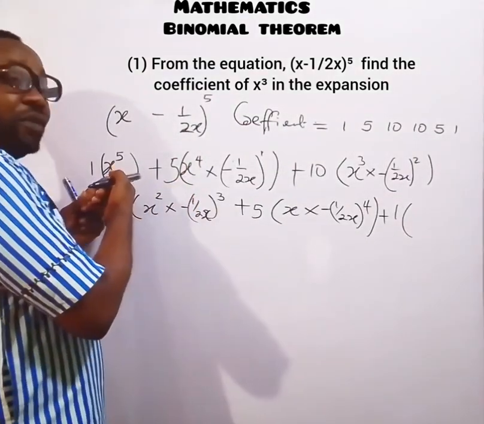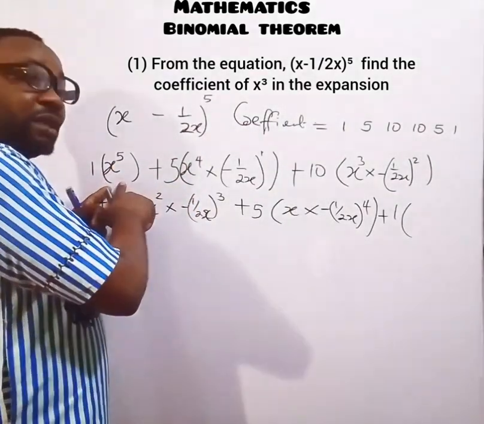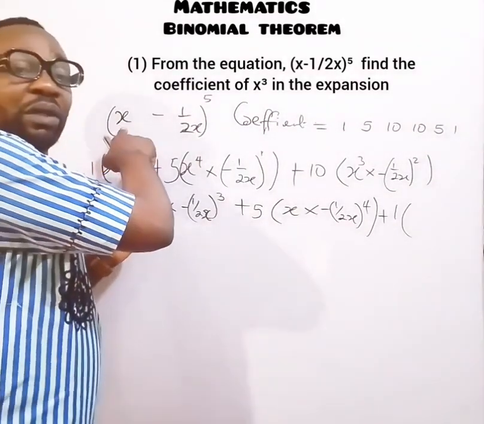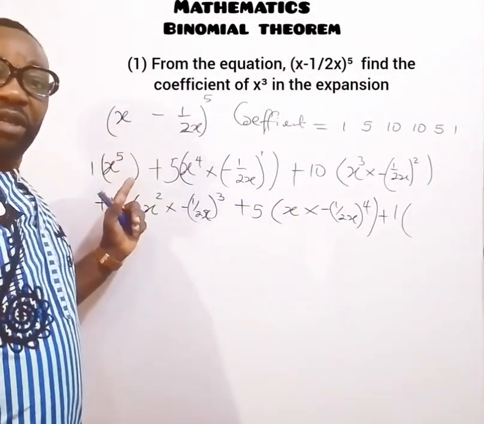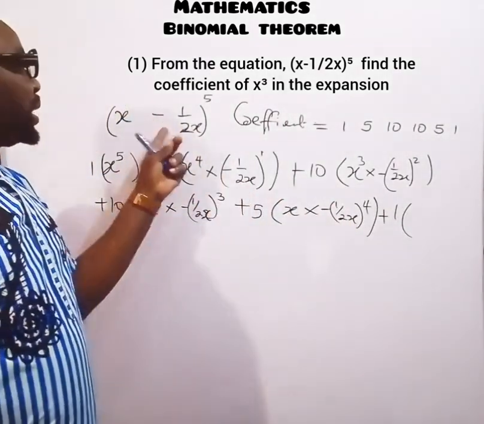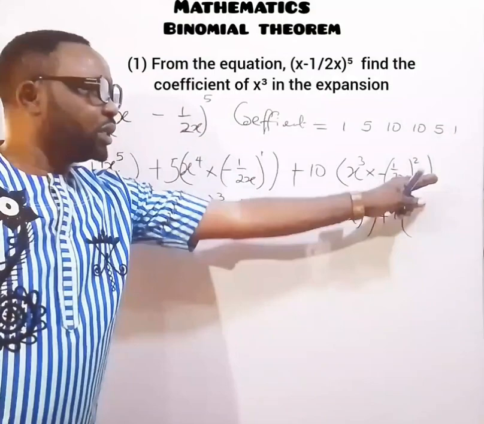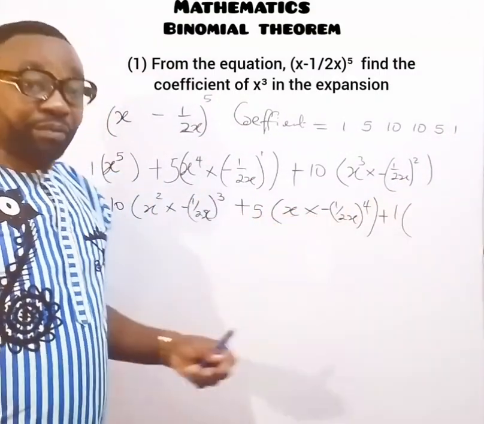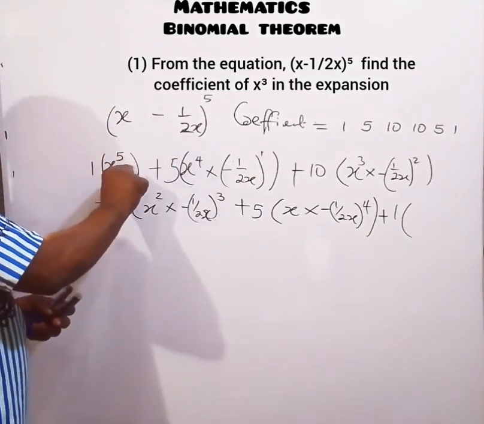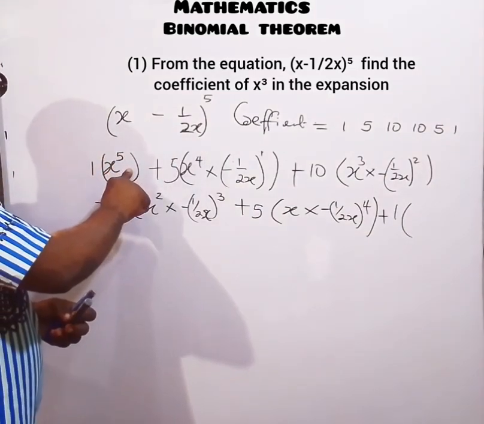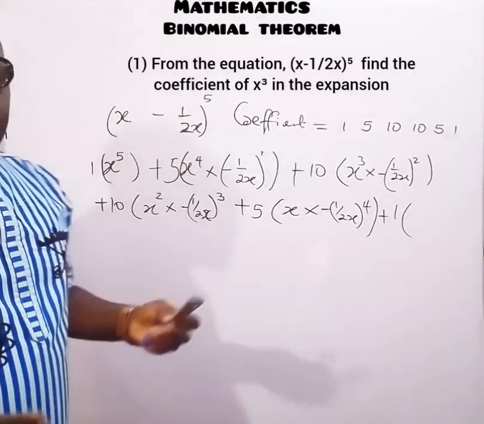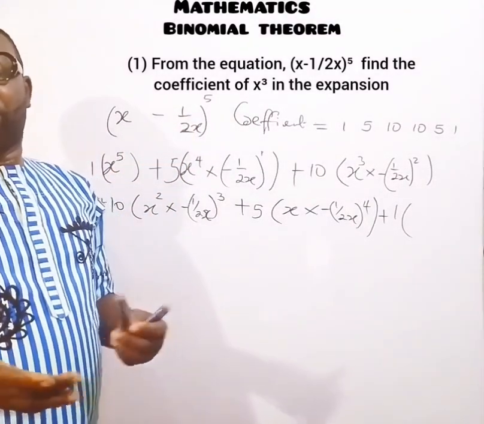I've told you earlier that the first term will be the one raised to the power of 5 alone. Likewise, the last term is the second term here, which will also be raised to the power of 5. In other words, what happened is that in the first place the second term is raised to the power of 0, and anything raised to the power of 0 is equal to 1.